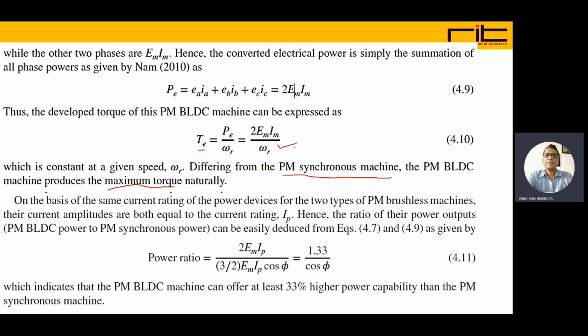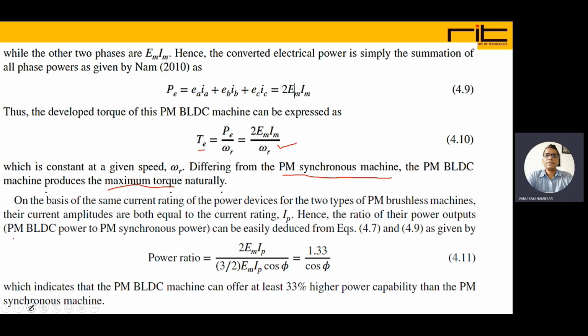On the basis of the same current rating of the power devices for the two types of permanent magnet brushless machines, their current amplitudes are both equal to the current rating IP. Hence, the ratio of their power outputs, PM BLDC power to synchronous power, we can obtain from the earlier equations, and taking the ratio we get 1.33 divided by cos phi, which indicates that the PM BLDC machine can offer 33% higher power capability than the permanent magnet synchronous machine.